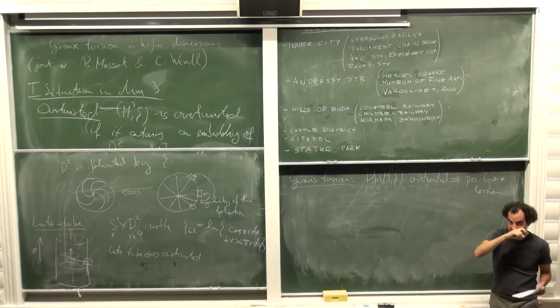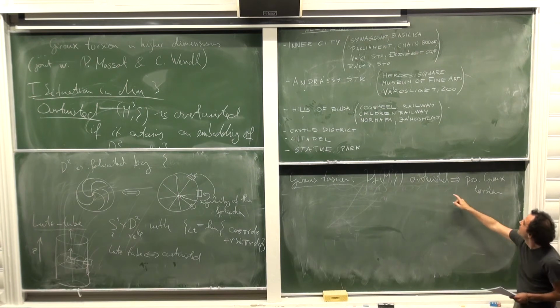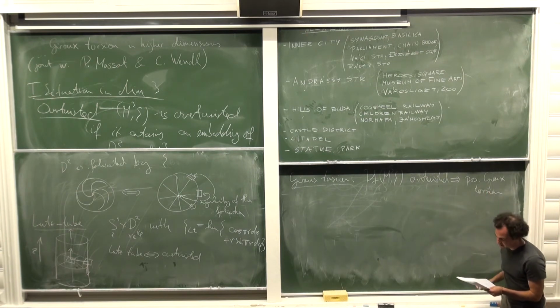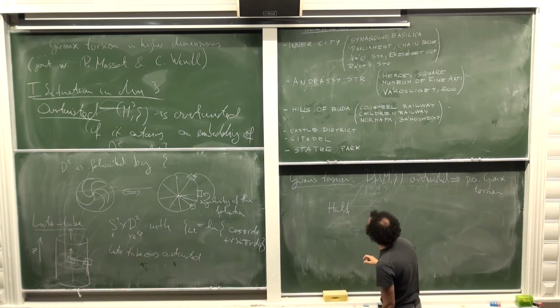So in some way, this is a more subtle notion anyway. So over-twisted implies root torsion. And what is root torsion? To say what it is, I first introduce the half torsion domain.